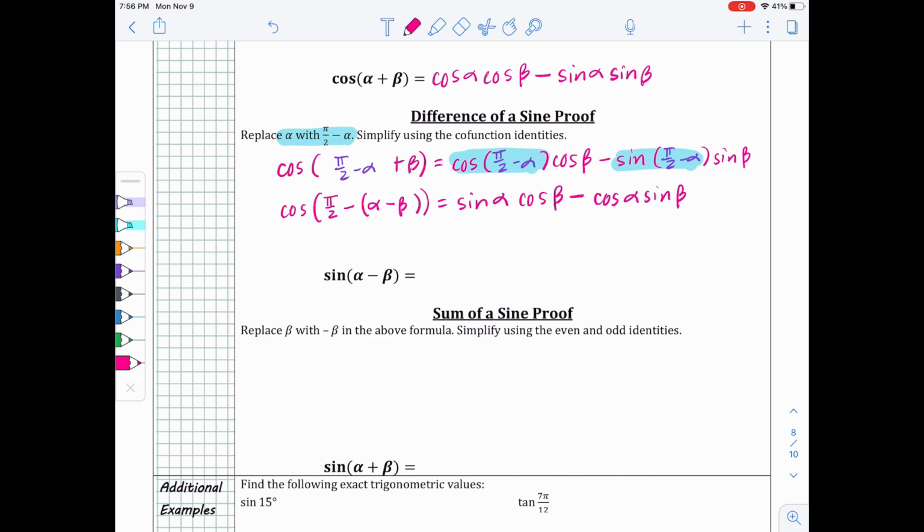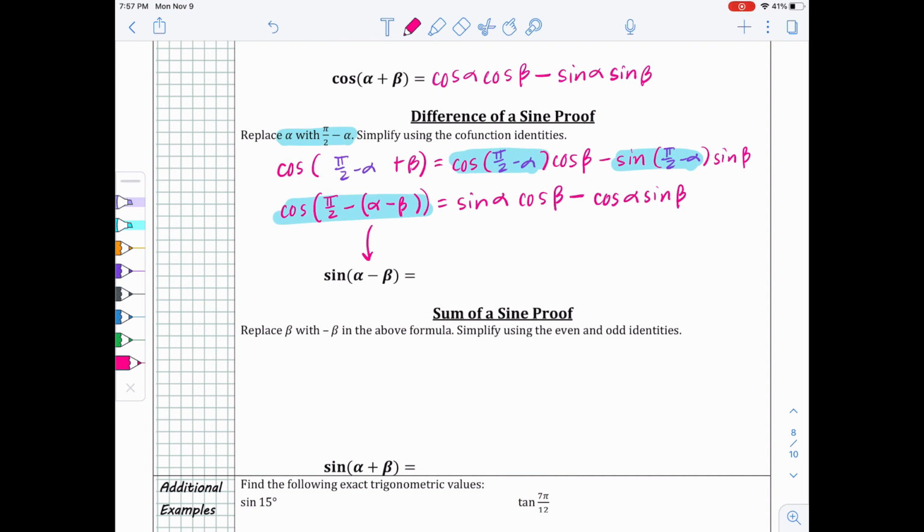If we revisit the left-hand side, we have the cosine of pi over 2 minus that angle, which is alpha minus beta. Again, using the cofunction identities, that's equivalent to the sine of alpha minus beta, which is what we want.